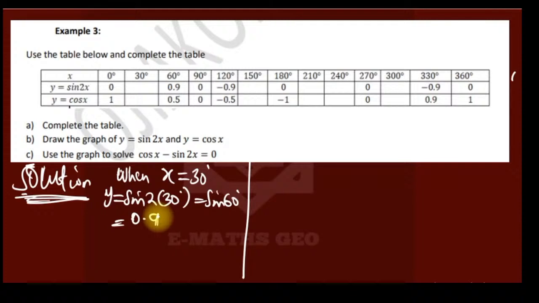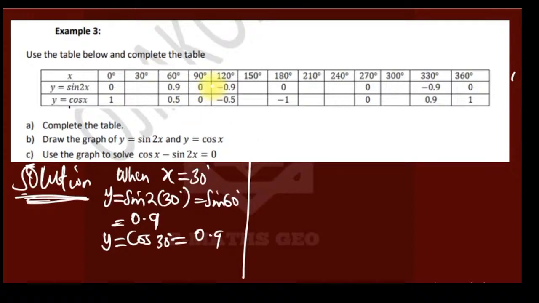We'll be using one decimal place. So that's the same way. If you now substitute y equal to cos 30, cos 30 and sine 60 are the same, so we have 0.9. So that's how we fill up the tables.